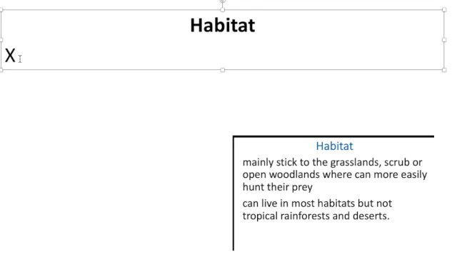All right, so I'm going to see now how I can change this to be about lions, right? So, lions, now it says stick to, mainly stick to. I'm going to say mostly frequent, because that's a new word that we use to say something goes to somewhere a lot.